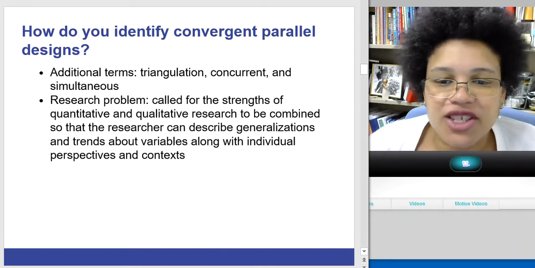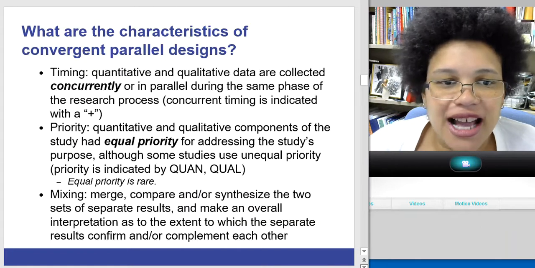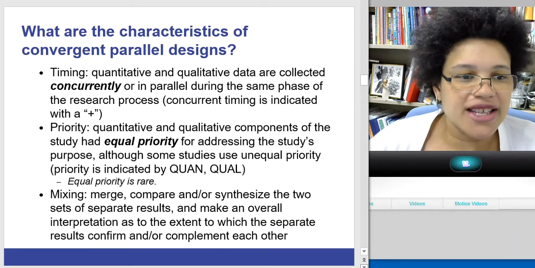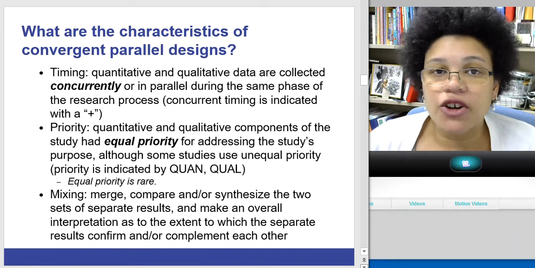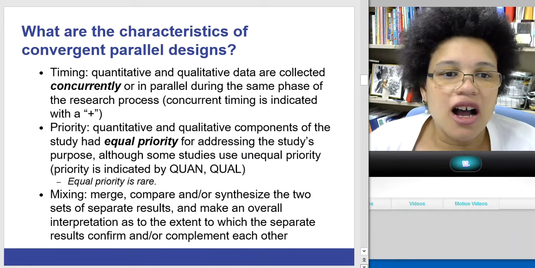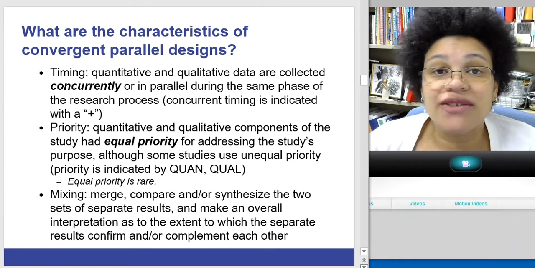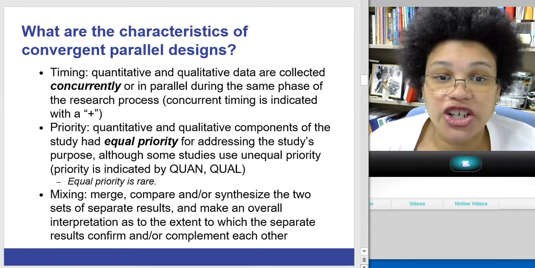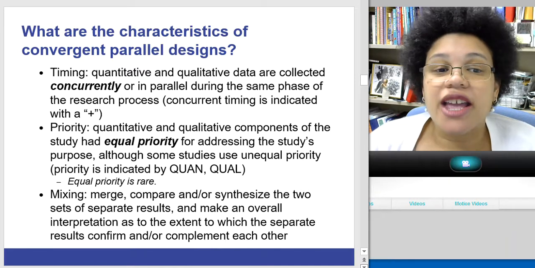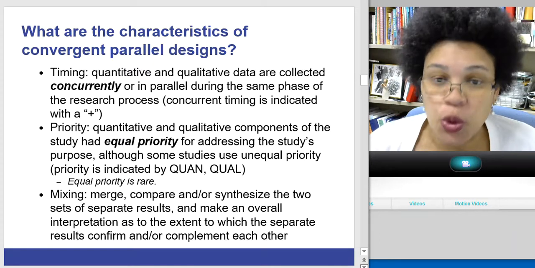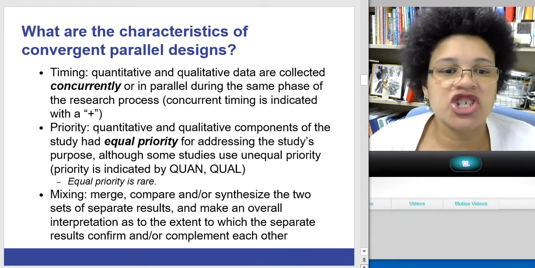All right, so next slide. And this is slide 8. The characteristics of convergent parallel designs. The quantitative and qualitative data are collected concurrently, or in the same phase of the research process. The quantitative and qualitative components have equal priority for addressing the question.